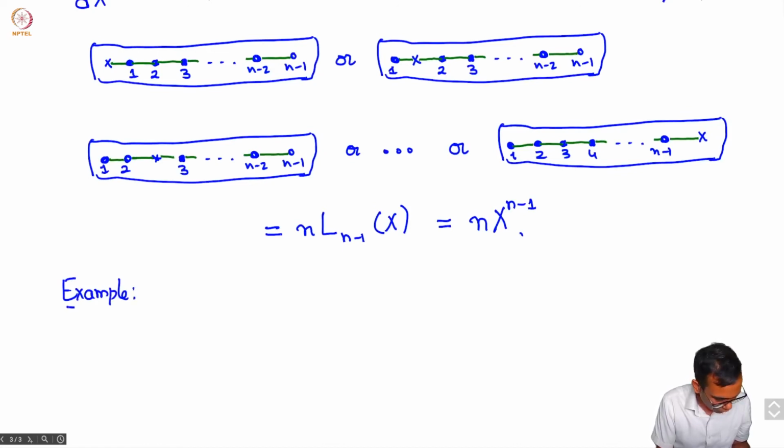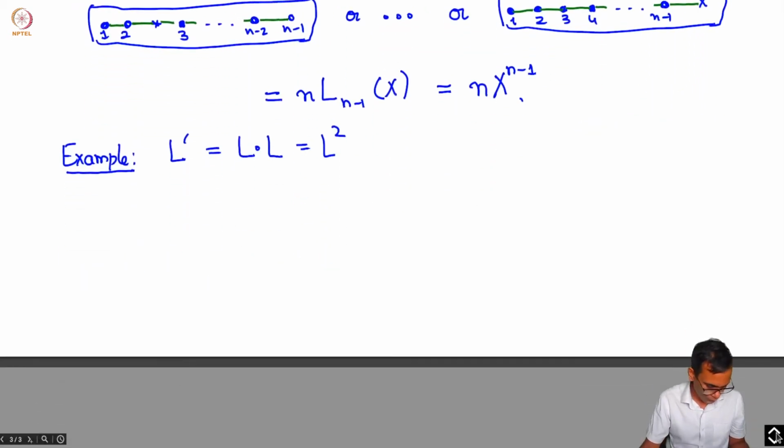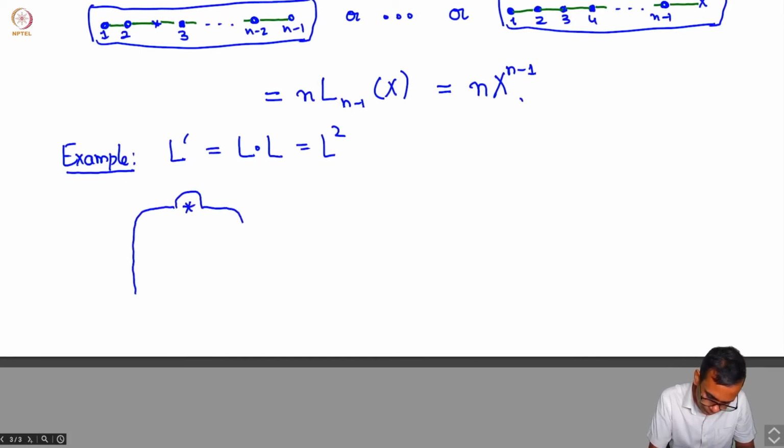Here's another example. What if you take all of L? What is its derivative? L prime is actually L dot L, which I can write as L squared. I'll give you a proof without words of this. What is an L prime structure? Well, you have to take the set U, add a star to it, and put a linear order on that.